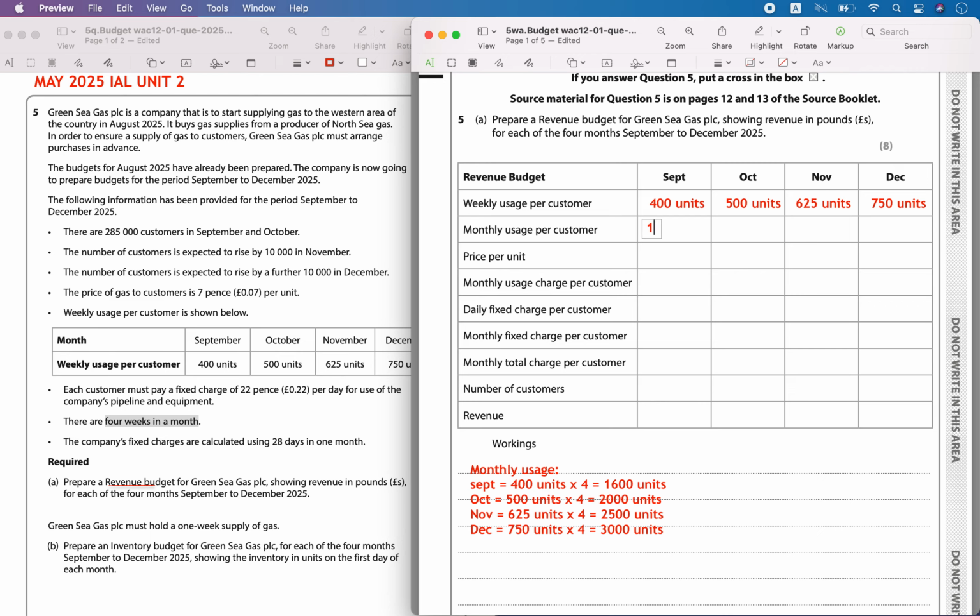Now let's write in the table all the calculated values: 1600 units, 2000 units, then 2500 units, and 3000 units.